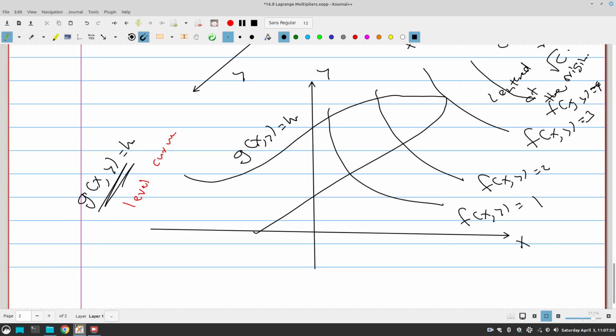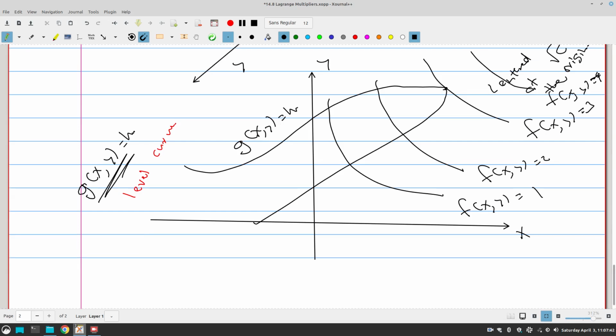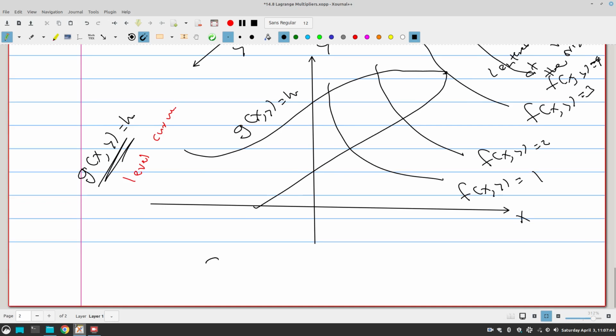Notice that this level curve just touches f of xy equals 3. In other words, g of xy equals k is just tangent to f of xy equals 3.